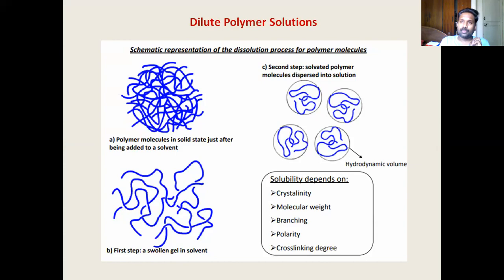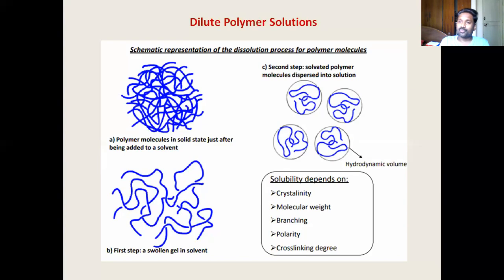The solvent molecules are, if you compare sizes, too small compared to the gigantic size of the polymer chains. So what do you mean by solvation?